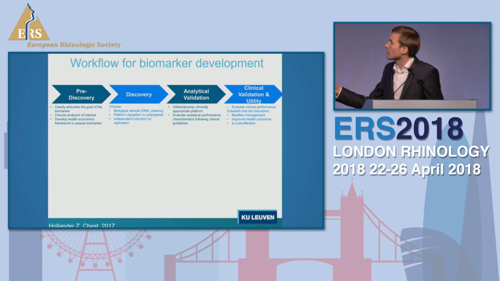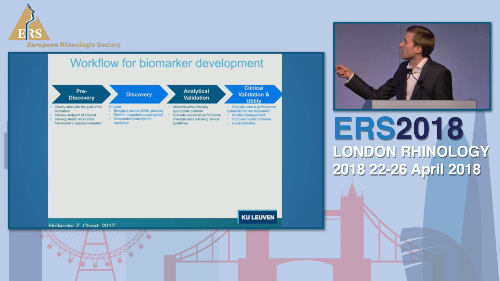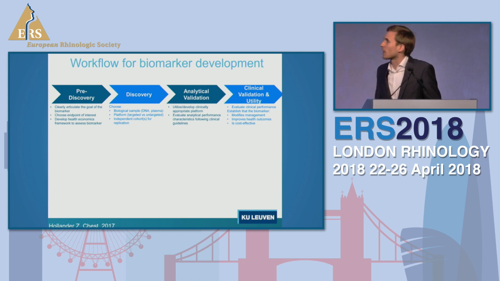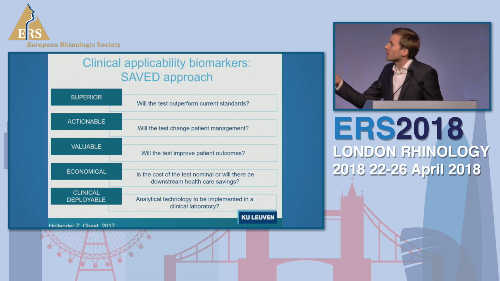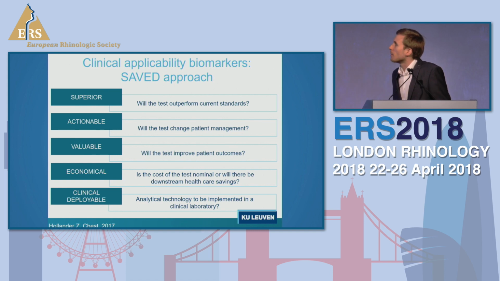And then afterwards we can talk about analytical validation or validation for use in clinical practice. This is what is proposed here by this SAFED approach. It's five different items, which are a biomarker that is superior, actionable, valuable, economical, and clinically deployable. All these steps are needed to enable biomarkers to enter daily practice.